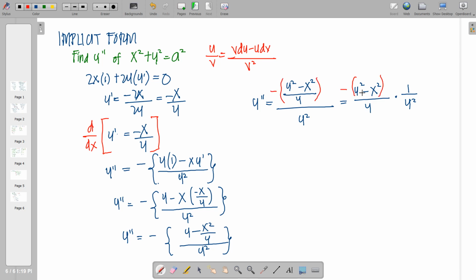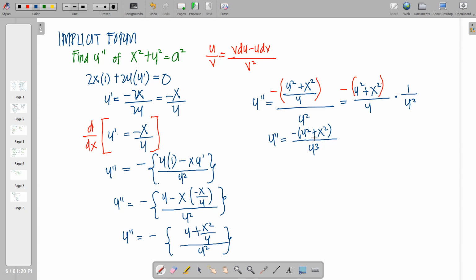And we should remember to place negative here. And note that these are positive signs because of this combination. Negative x times negative x inside becomes positive. So with that, we can now simplify this to negative y squared plus x squared all over y cubed.